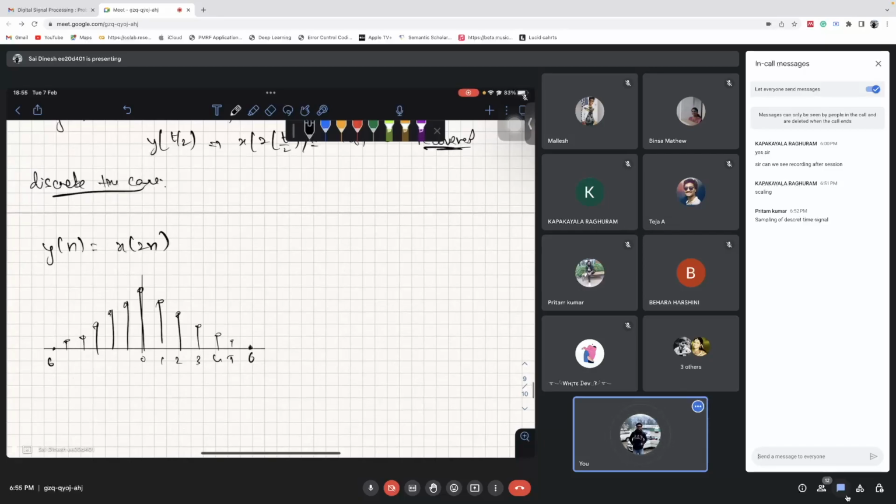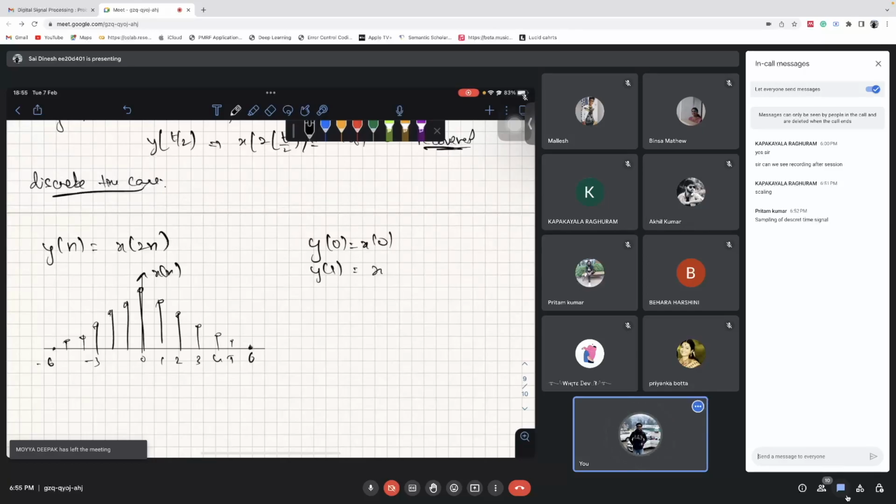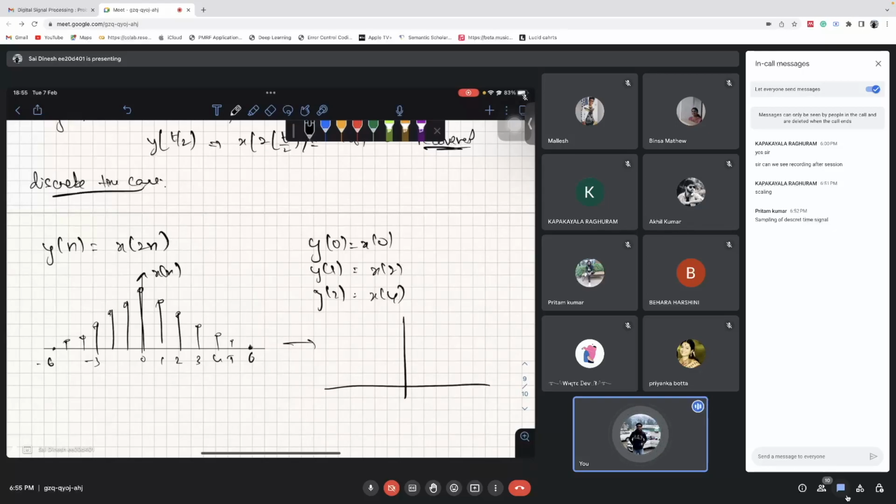So 6 minus 6 minus 3, this is x of n. And then what is y of 0 is x of 0, y of 1 is x of 1, y of 2 is x of 2, sorry, x of 4. So what would y of n be?